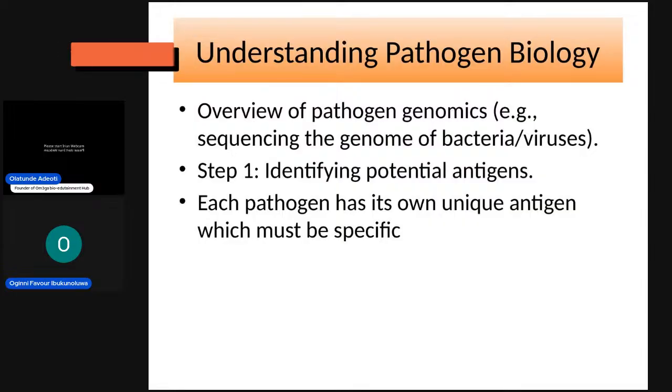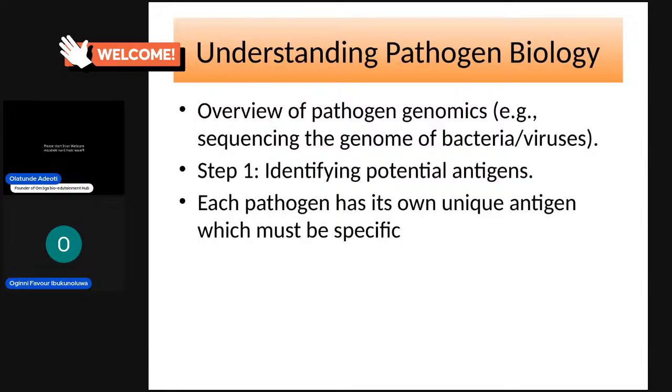And each pathogen has its own unique antigen which must be specific. For example, the antigen you see in viruses is quite different from the antigen that you see in bacteria, and it also varies from species to species. It also varies from one environment to another, and from one condition to another.